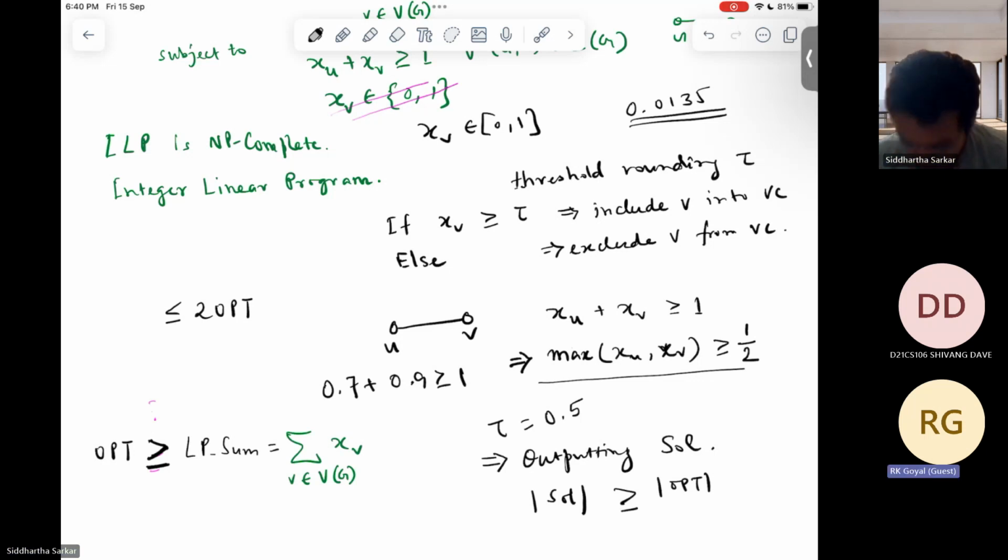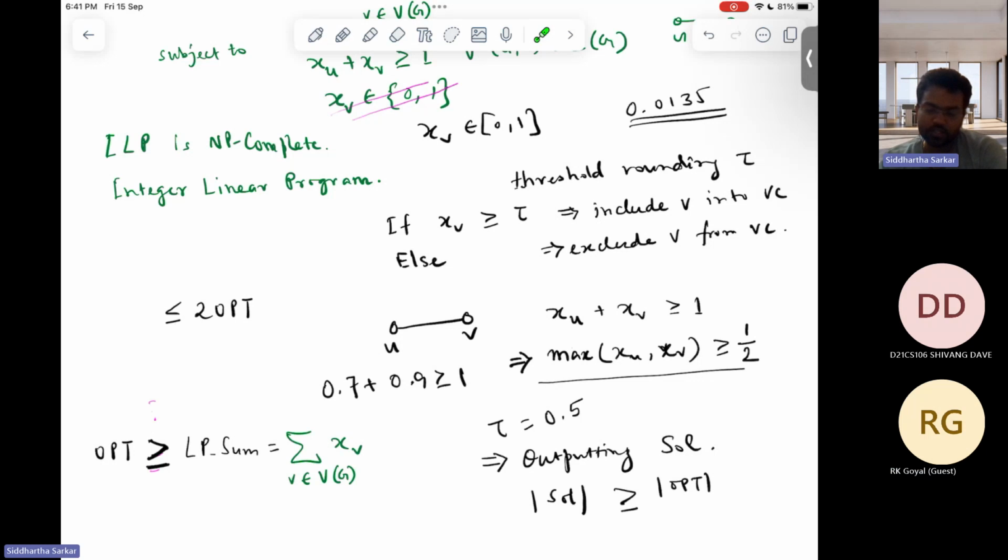But the point here is that whatever we are getting, will this be a vertex cover clearly? After we have done the thresholding, yes. After we have rounded based on the threshold 0.5, consider every edge.